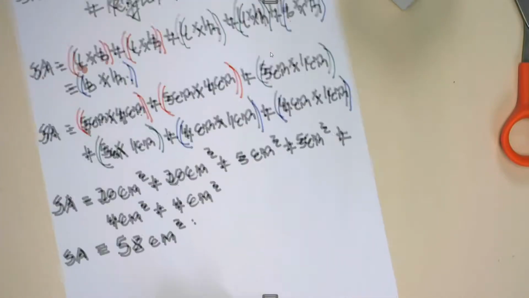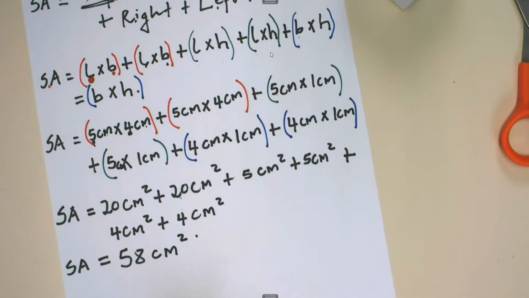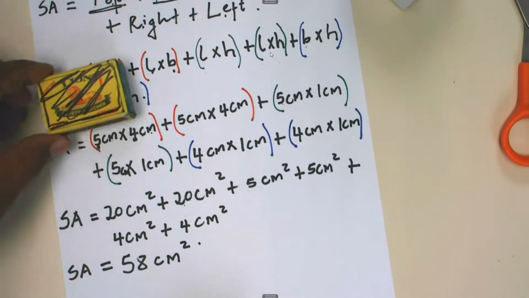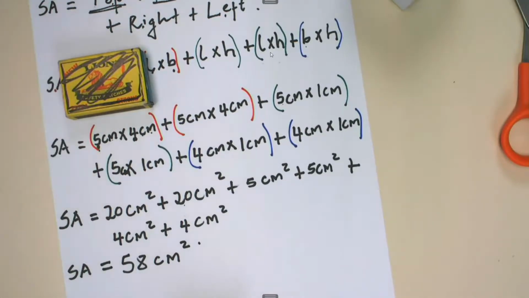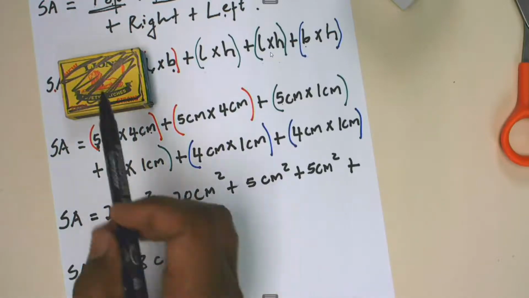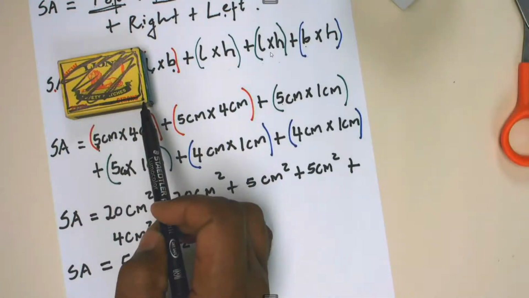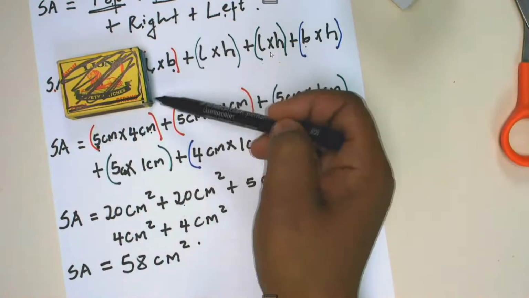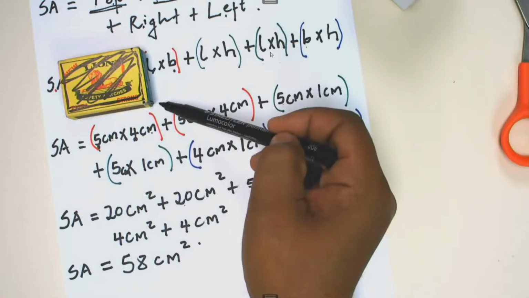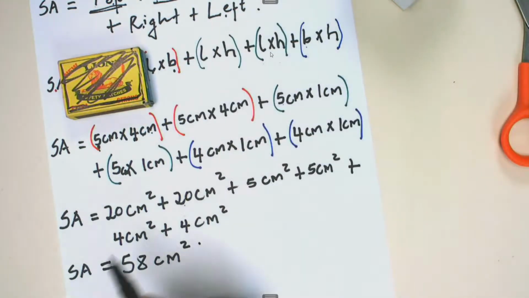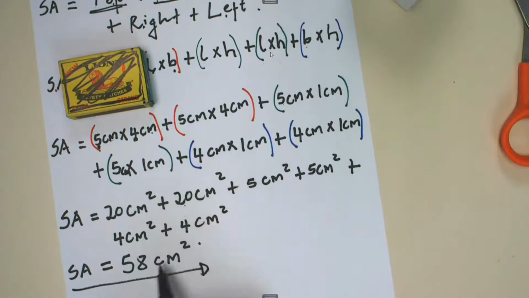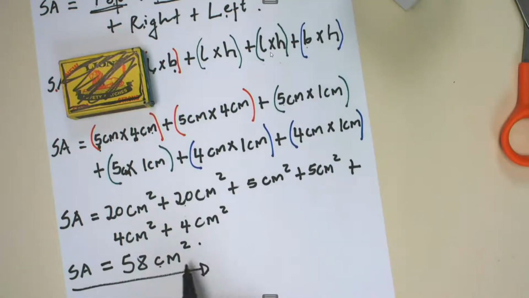And therefore, the answer will be the surface area of this rectangular prism that measures a length of 5 centimeters, a breadth of 4 centimeters and a height of 1 centimeter. It will be 58 centimeter squared.